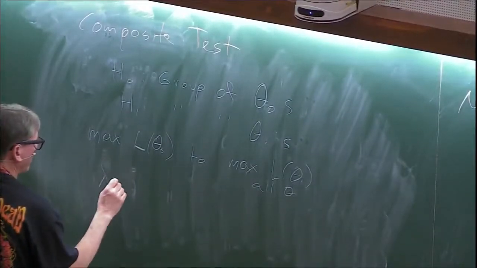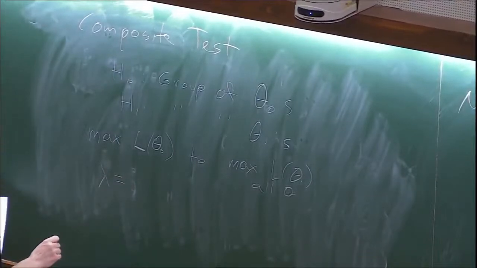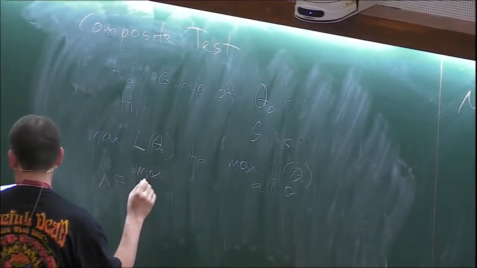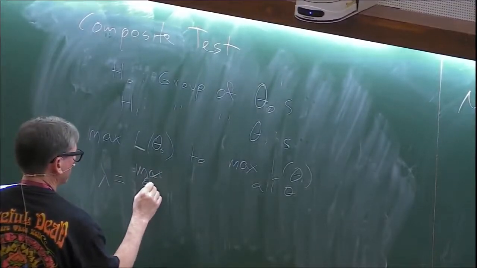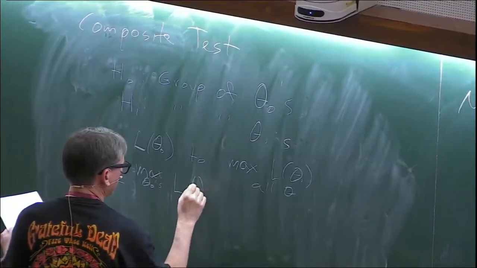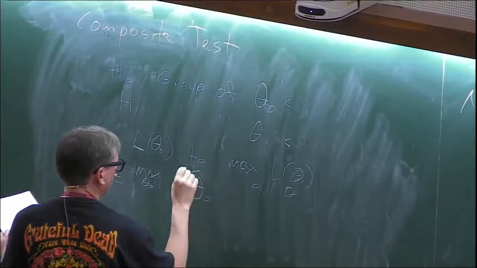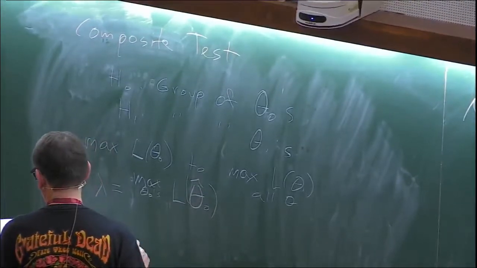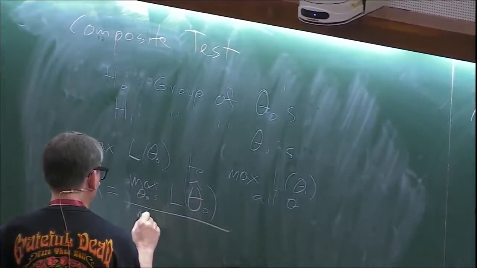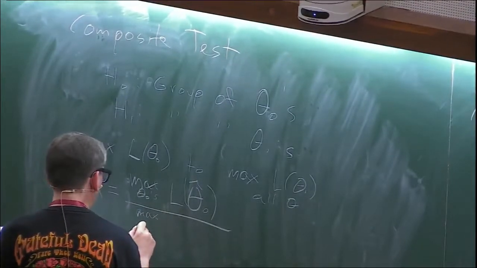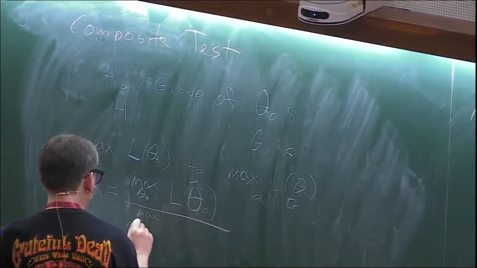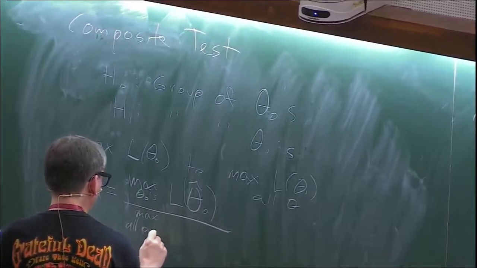What we're going to do is let lambda be the ratio of the maximum likelihood of the theta zeros over all possible thetas.